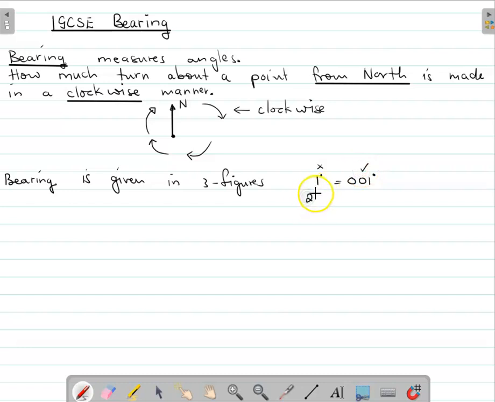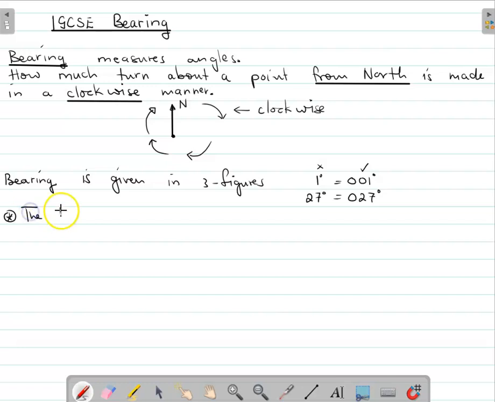A bearing of 27 you should correctly write as 027. So bearing is written in 3 figures. Wherever you cannot achieve 3 figures, you have to prefix with a 0. That's why this bearing is referred to as 3-figure bearing.